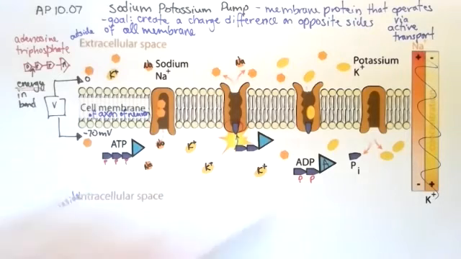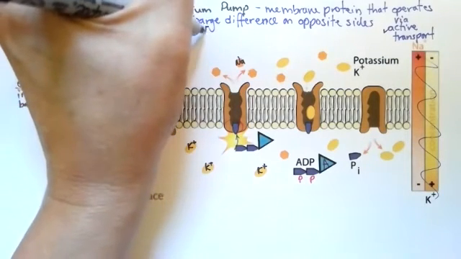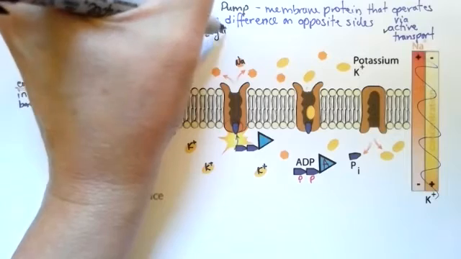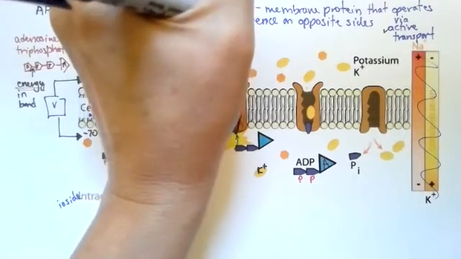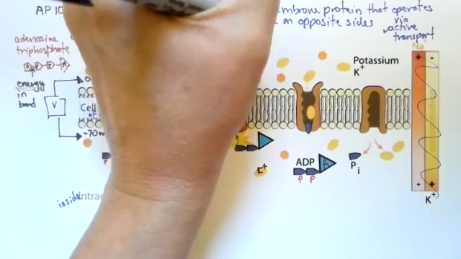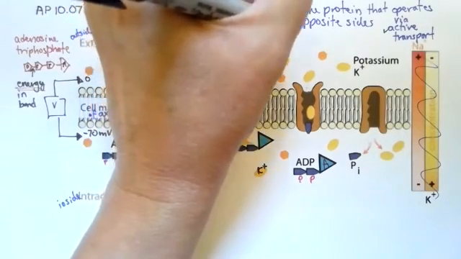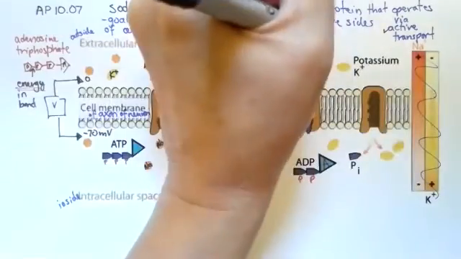They're doing it via active transport and ATP, and they're going against the concentration gradient.